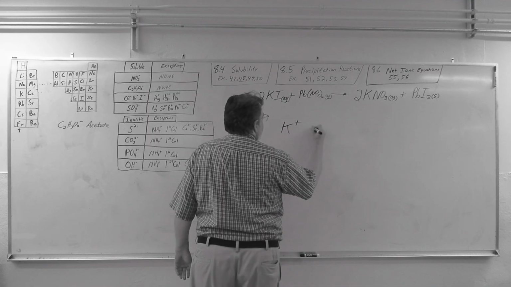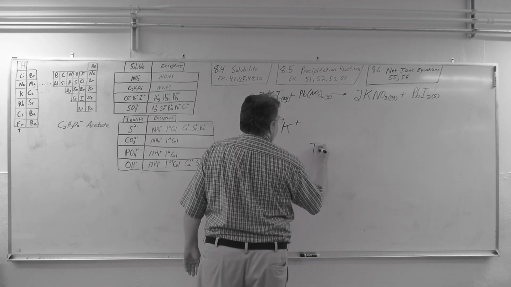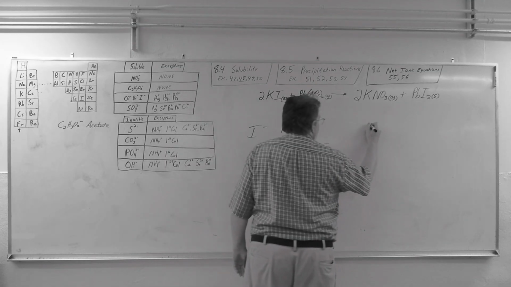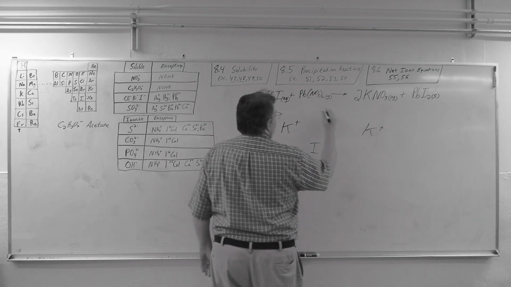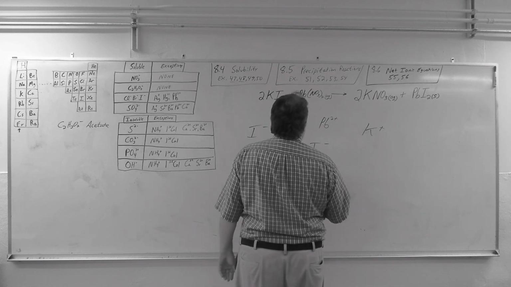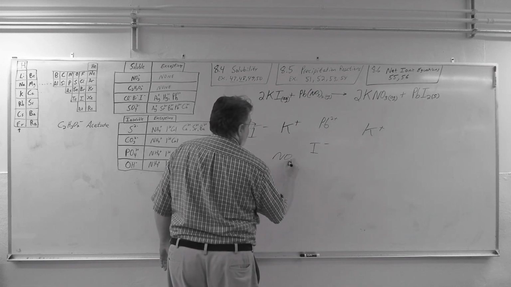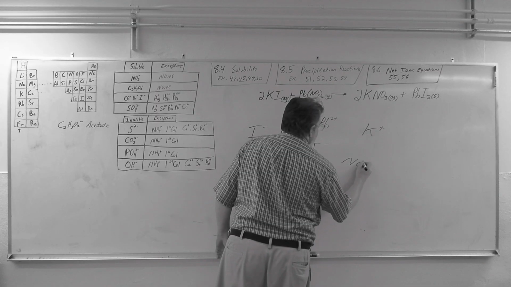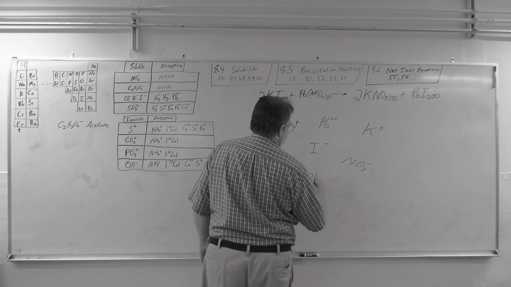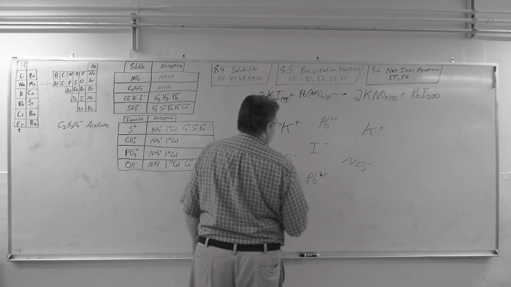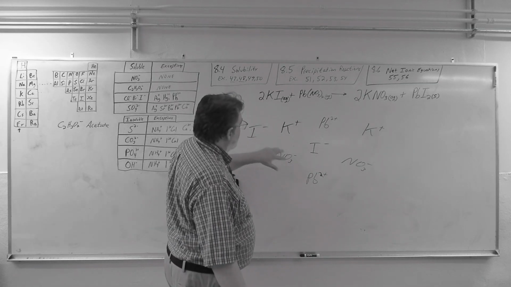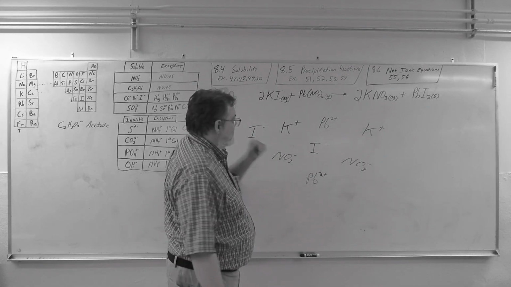Now, let me reiterate this. We've got this floating around. We've got some of that floating around. All floating around in the water. We also have some Pb2+, and what else? Some NO3 floating around. All of that's floating around in the water now because that came apart in ions and that came apart as ions.